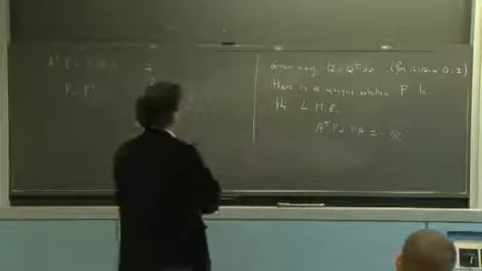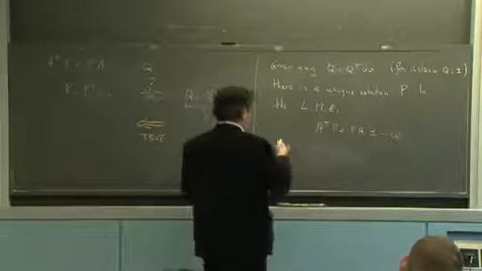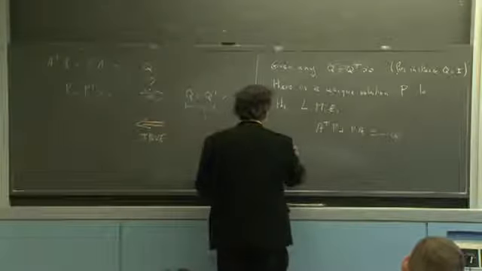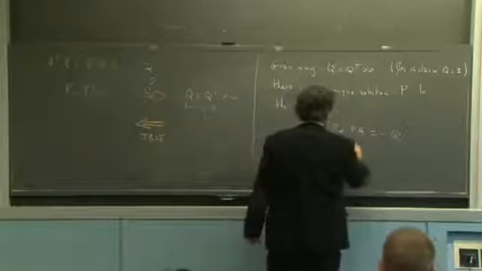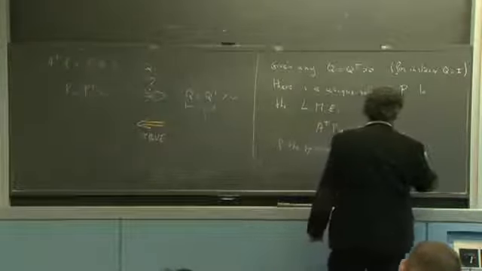Back up a second: given any Q positive definite, there's a unique solution P to the Lyapunov matrix equation A transpose P plus PA equals minus Q, if the system x dot equals Ax is strictly stable.